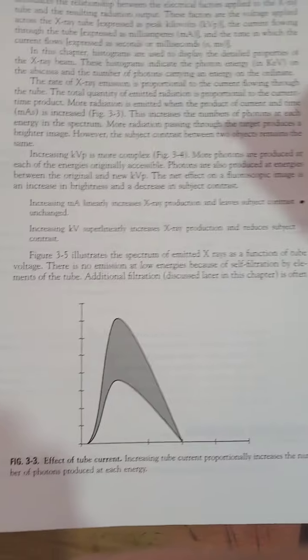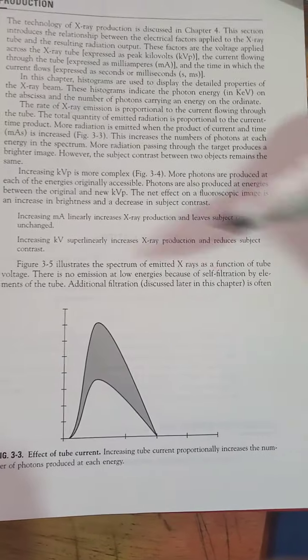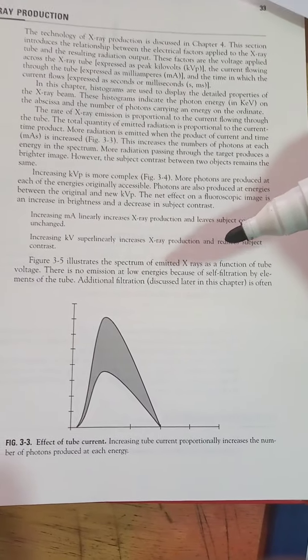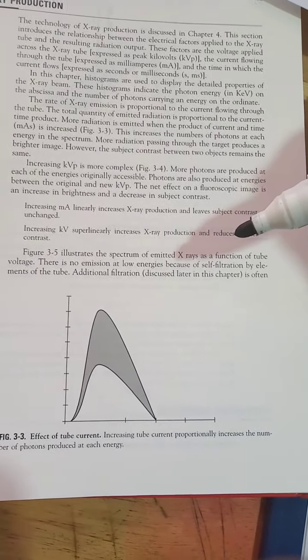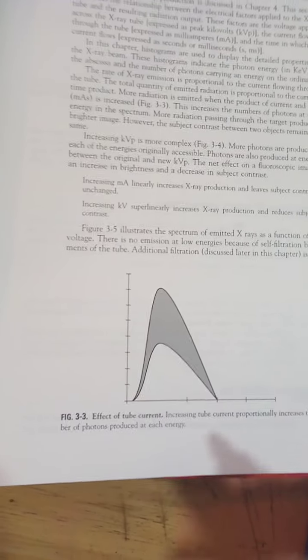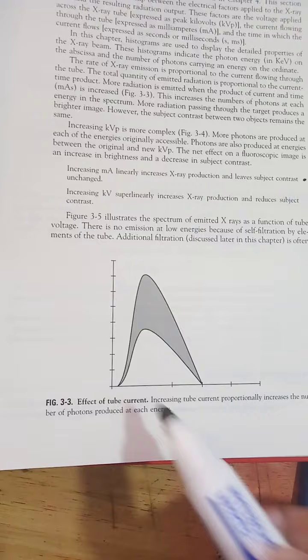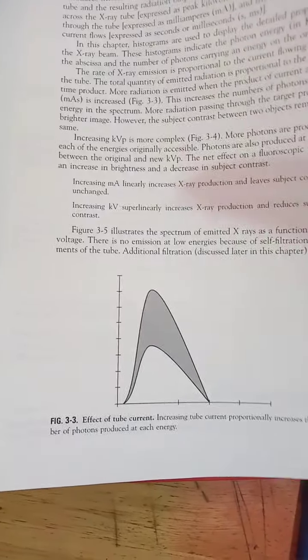So the graph is illustrating the spectrum of emitted X-rays as a function of tube voltage. There's no emission at low energies because of self-filtration by elements of the tube. Additional filtration is often used. We can see that increasing the tube current proportionally increases the number of photons produced at each energy. So the current is feasible, but voltage is not feasible after a certain limit.